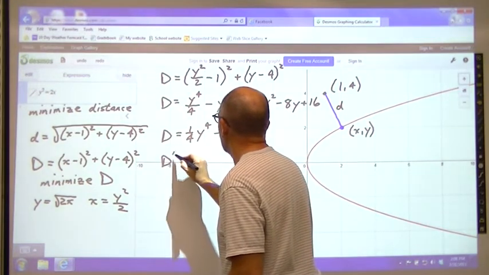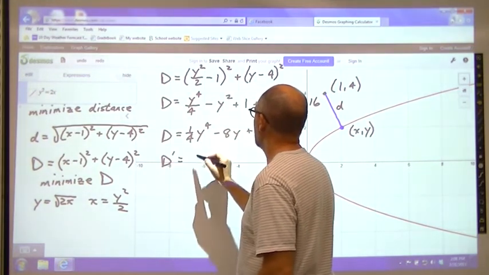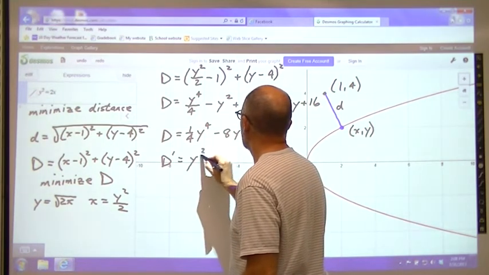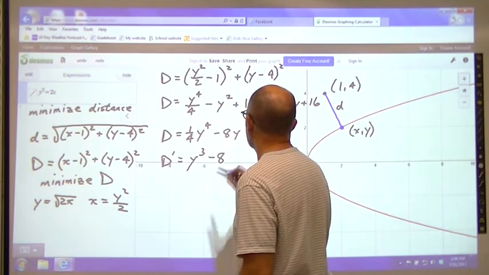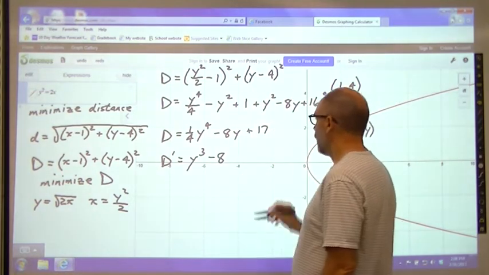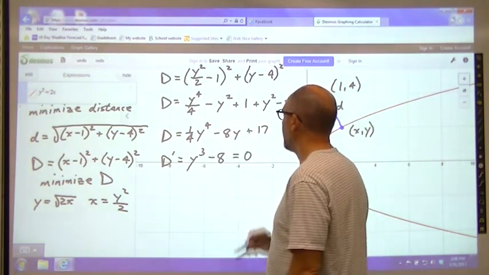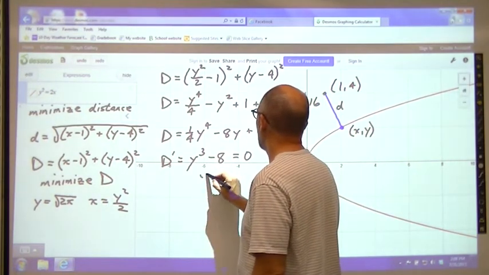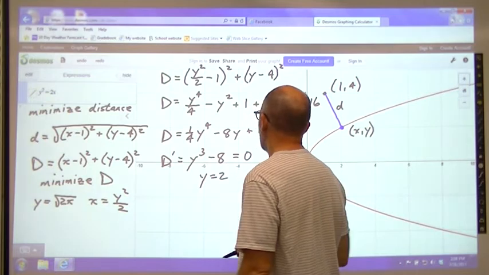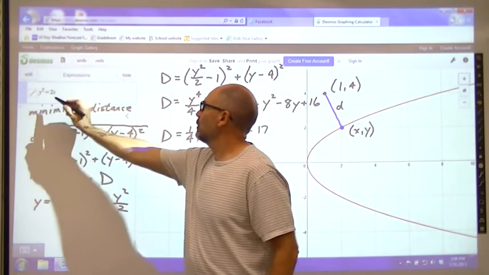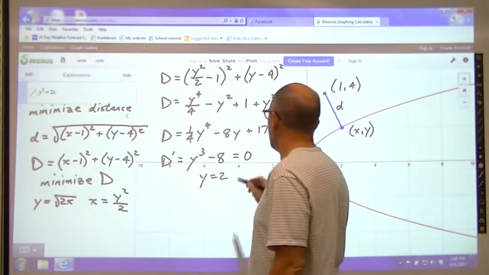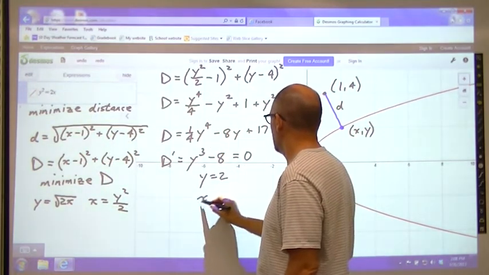So D prime equals 4 times 1/4, which is 1y cubed minus 8. Now, we set that equal to 0. That's a little happier. Now, y cubed equals 8, which means y equals 2. Now, if y equals 2, then you square your 2, 2x equals 4, and that means x equals 2.